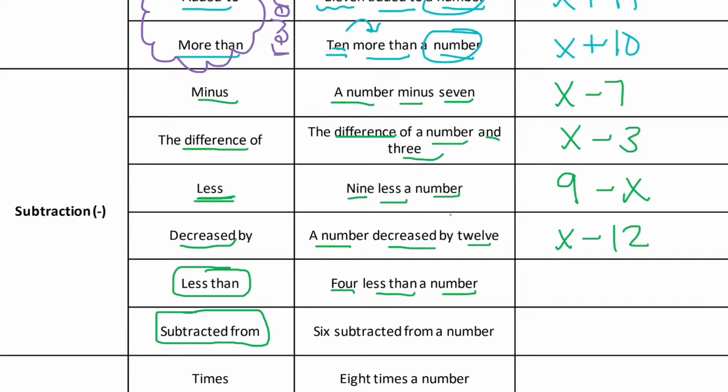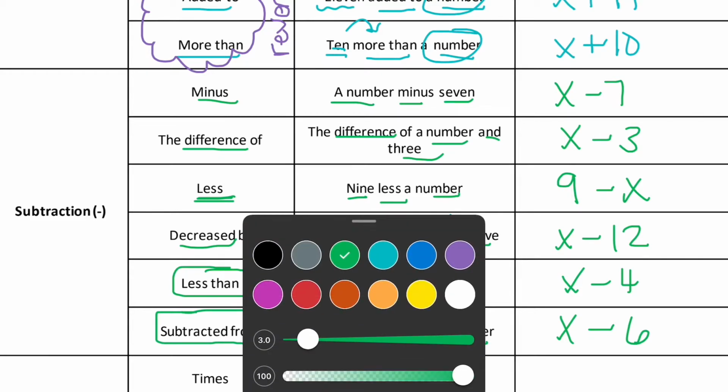Well, in order to figure out what the answer is, I have to know what the number is first so I can take away 4. X minus 4. 4 less than means I have to start with the number. 6 subtracted from a number. That means we're starting with the number and we're taking 6 away from it, all right? So these are the two that we're going to be thinking about reversing.